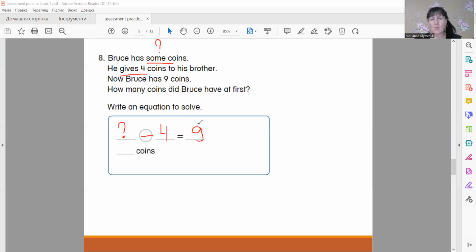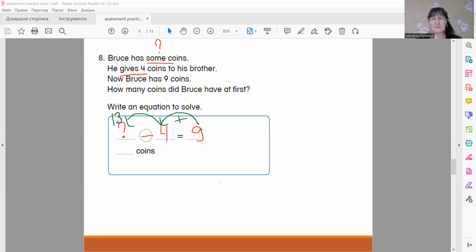Start with 9, go back. So 9, we do plus 4. Go back, do addition. 9 plus 4, 9, 10, 11, 12, 13. So this is our missing number. Our missing number is 13.